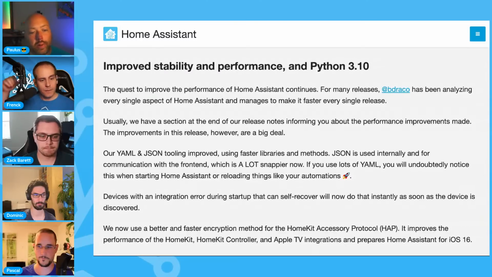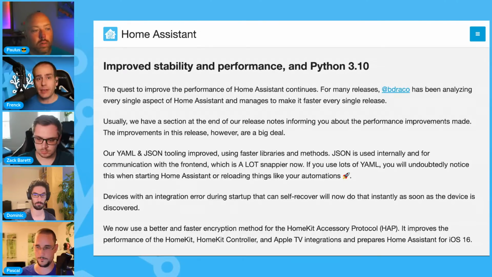Yes. One little detail that was added too, which might not be exactly related, but I still put it here, is with the devices. If they have an issue, because they can't connect or something changed in your network, then Home Assistant would try to rediscover the device and later reconnect to it if it has been discovered. For example, it got a new address on your network.